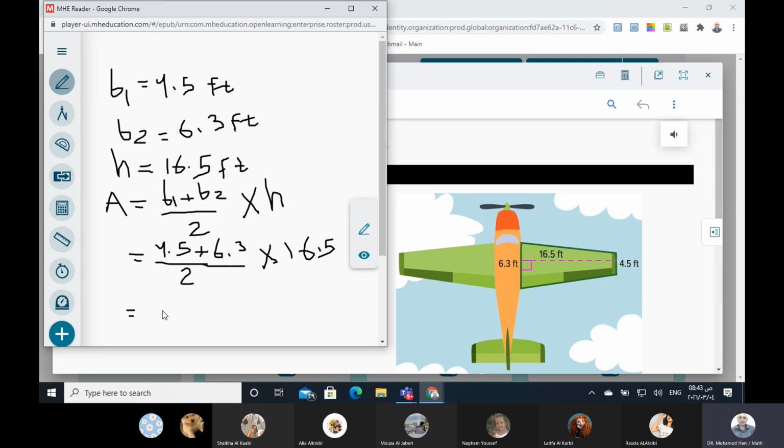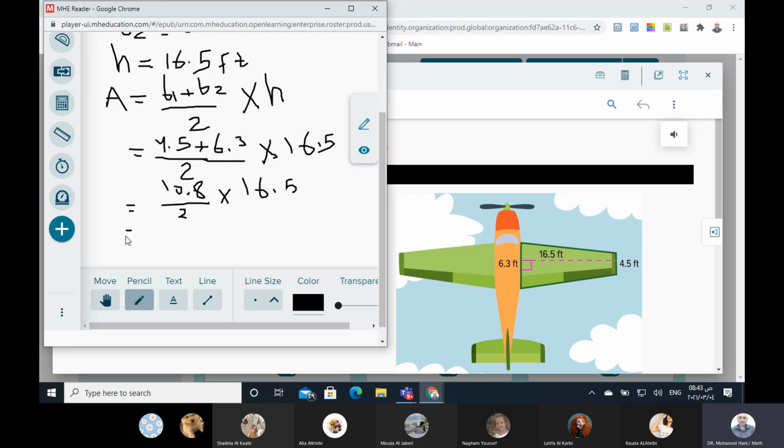Now 4.5 plus 6.3 will be 10.8, divided by 2, times 16.5.